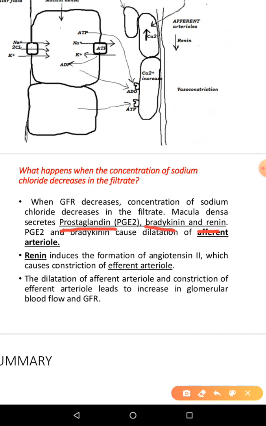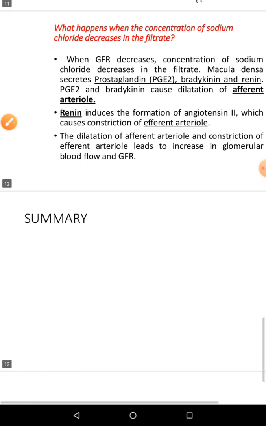We say these are vasoconstrictors, or vasodilators, I mean. PGE2 and bradykinin will cause dilation of afferent arterioles. Renin will induce the formation of angiotensin 2, which is a vasoconstrictor. So the dilation of afferent arterioles and constriction of efferent arterioles lead to an increase in glomerular blood flow and glomerular filtration rate.